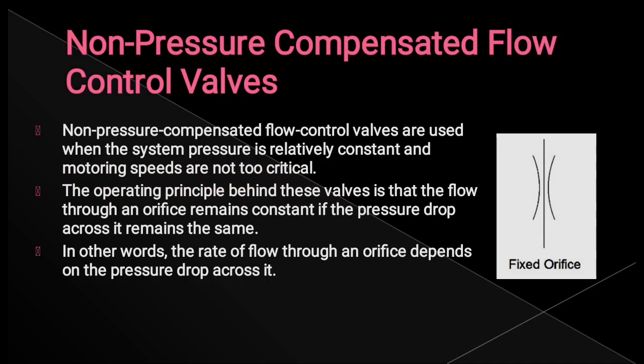In some hydraulic systems the motor speed can be very high and critical. In that case, because of the flow control, the pressure is going to increase, and that increased pressure can lead to abrupt operation of the hydraulic system. That can be avoided with pressure compensation. But non-pressure compensated valves are used where no critical speed is expected.